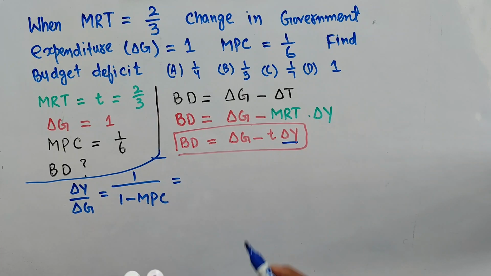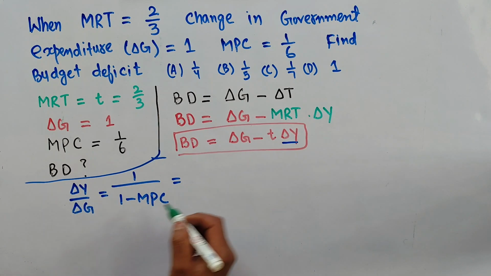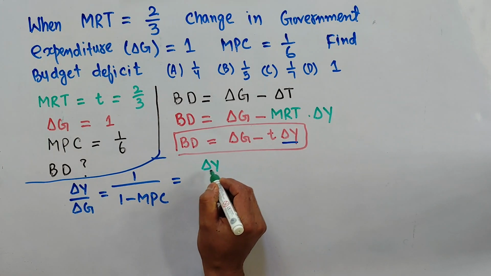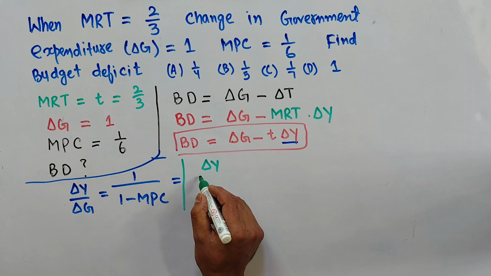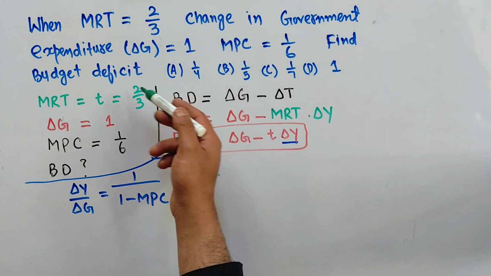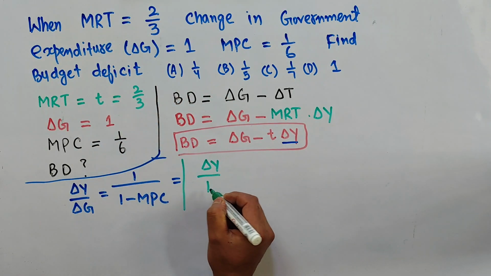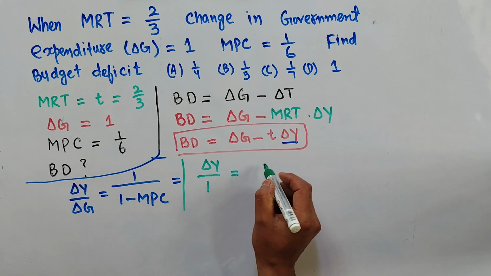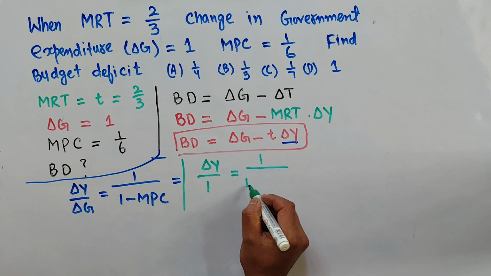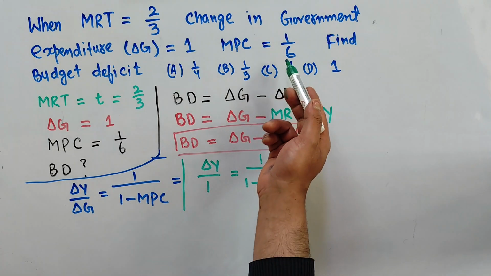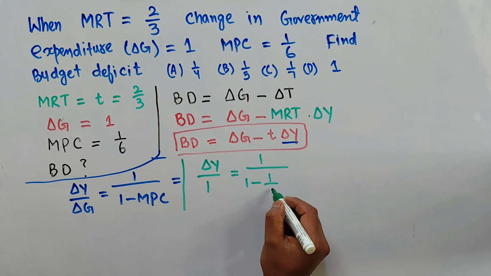You know this very formula, I have derived it so many times. So del Y we are supposed to find out. Del G is being given to us as 1, should be equal to 1 divided by 1 minus MPC, which is being given to us as 1 upon 6.